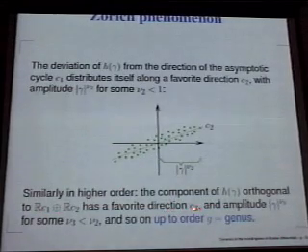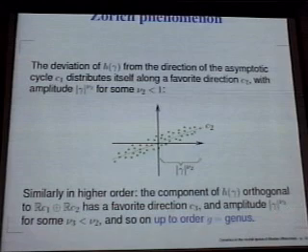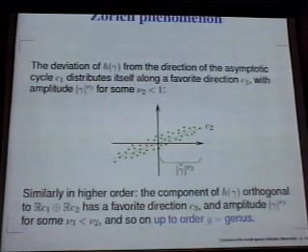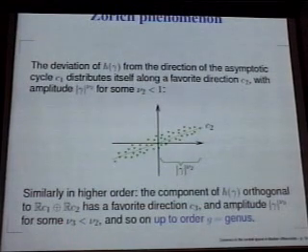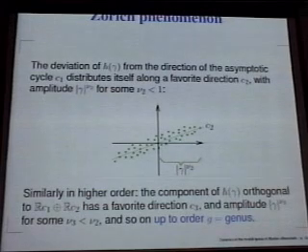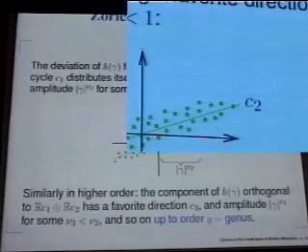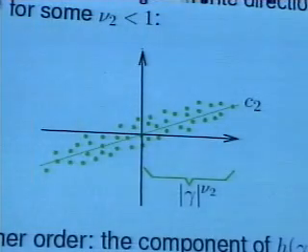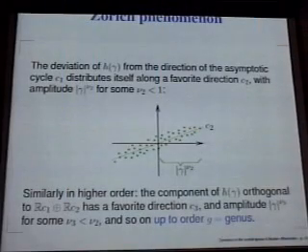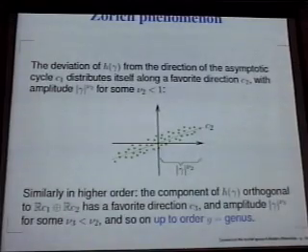It has a favored direction, and it has an amplitude, which is another power of the length, a power which is slightly smaller. And you can go on like this for a while. You calculate the next favorite direction, you take out the component in that direction, and the deviation behaves in the same way until you reach the order which corresponds to the genus of the surface. And then it all stops. From then on, the deviation is bounded, independently of the length of the geodesic.